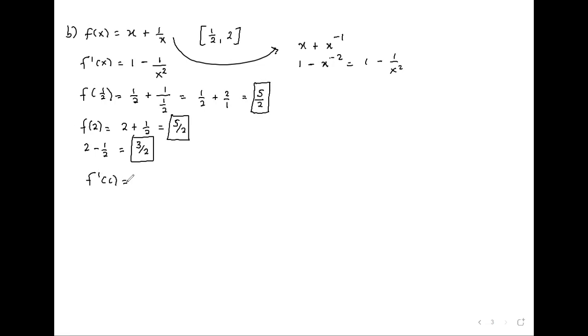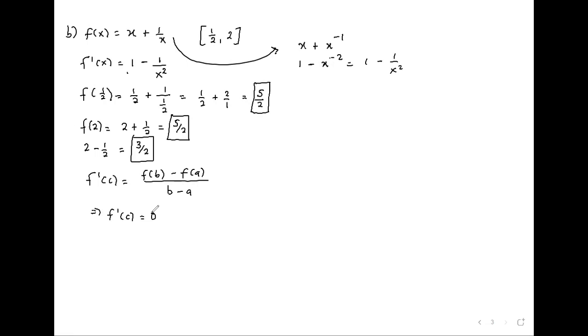So f prime of c should be f of b minus f of a over b minus a. So f prime of c is equal to 0, of course, because we'll subtract the numerators there: 5 over 2 minus 5 over 2, over 3 over 2. That will be 0.